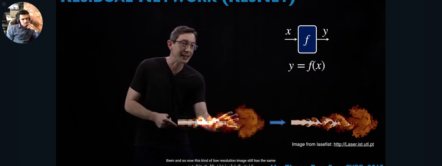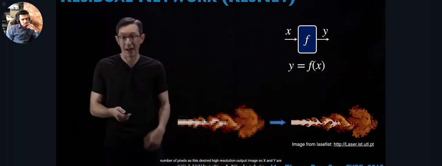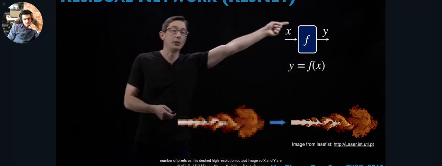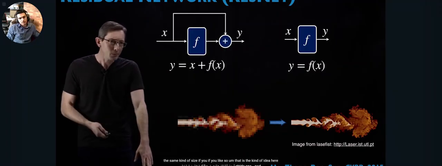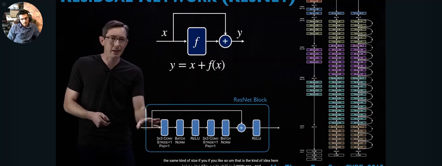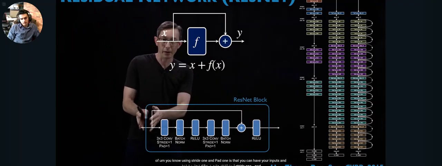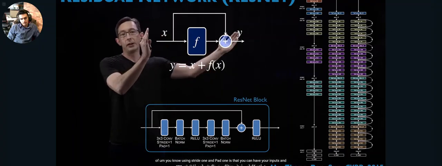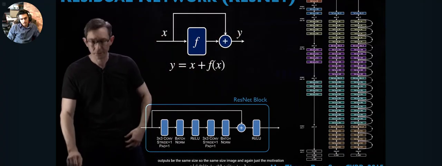And so now this low resolution image still has the same number of pixels as the desired high resolution output image. So X and Y are the same size. That is the idea of using Stride 1 and Pad 1: you can have your inputs and outputs be the same size image.